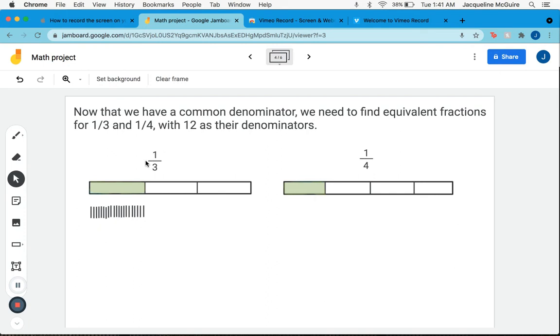Let's look at the strip diagram, and let's make it into 12 even sections. Since it's split into 3 already, we can just split each of the 3 sections into 4 even sections, which is really just multiplying the number of sections by 4. So let's try it.